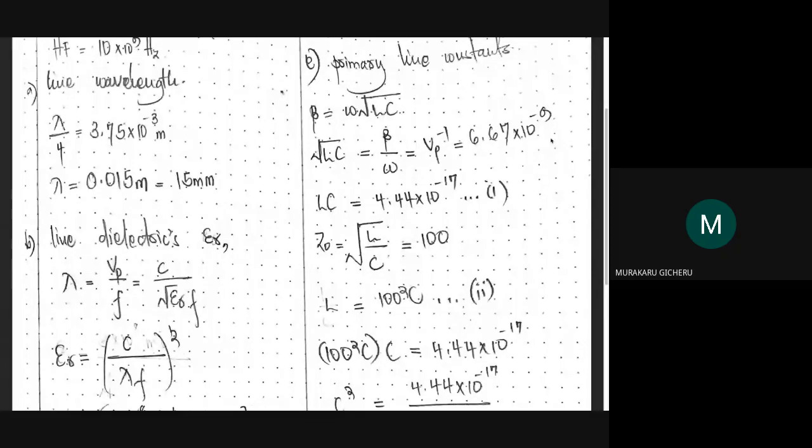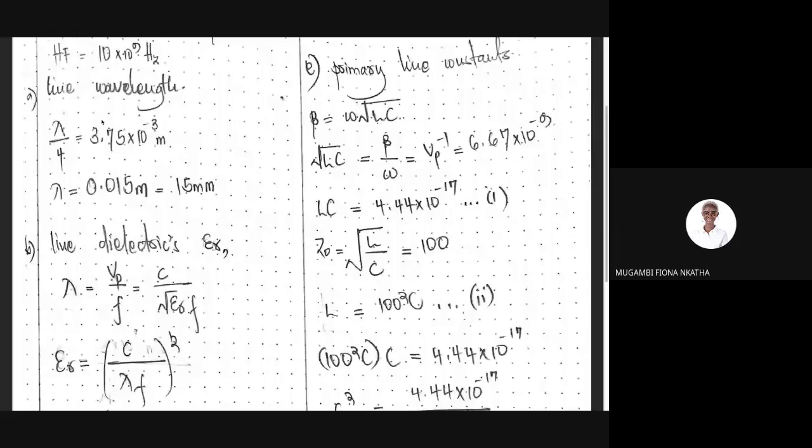And the attenuation will come from the real parts of the propagation coefficient, the real parts being R and G. So if R or G or both are equal to 0, and since we've not been given R or G, we will assume from the line being lossless that R equals G equals 0, or negligible, just to go with 0.